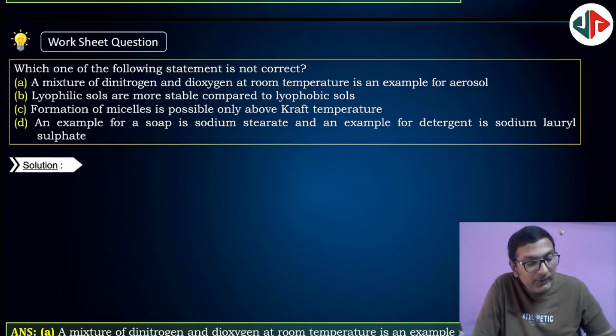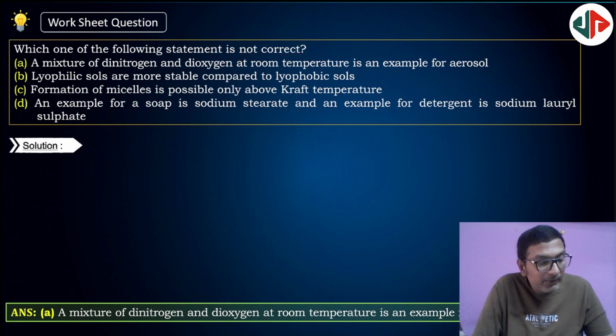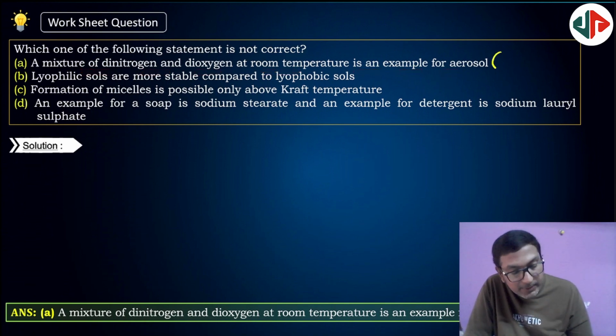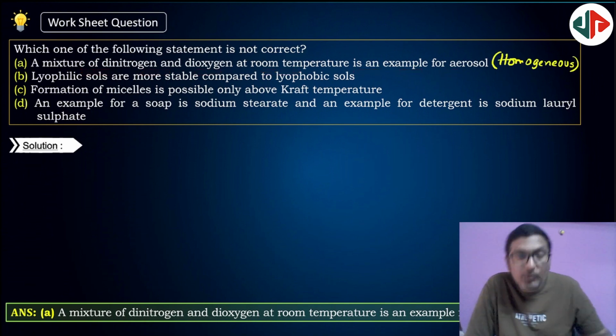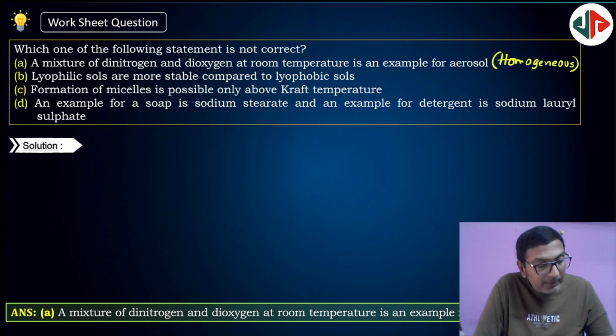Next. Which of the following statements is not correct? Mixture of dinitrogen and dioxygen forms aerosol. That is wrong because it forms a homogeneous mixture. Homogeneous mixtures are not colloidal solutions. Next, lyophilic sols are more stable when compared to lyophobic due to more force of attraction between phase and medium.